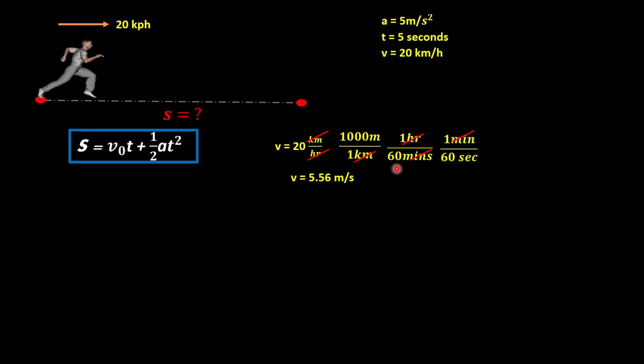So, answer is 5.56 meter per second. Yun yung ating rate, rate ng ating runner. Sa formula, direct substitution lang: 5.56 times 5 plus 1/2 times 5 times 5 squared. So, answer will be 90.3 meters.